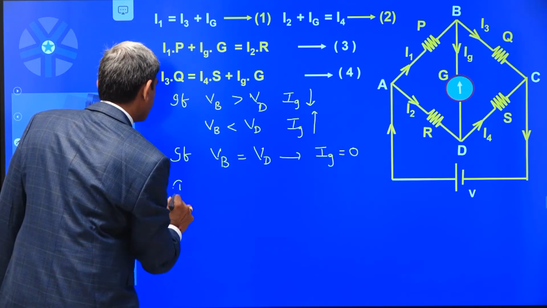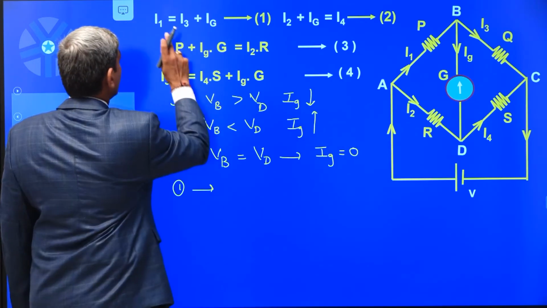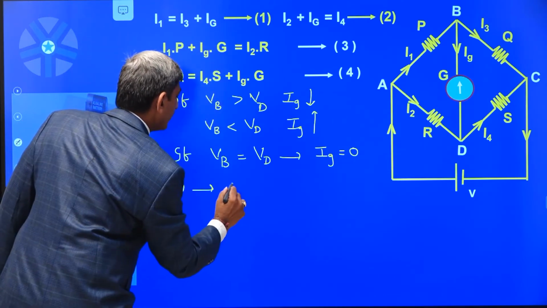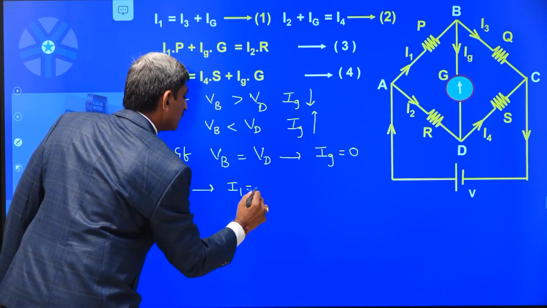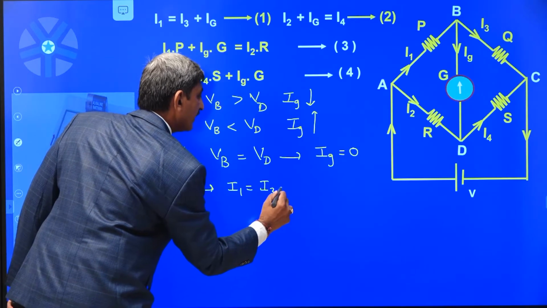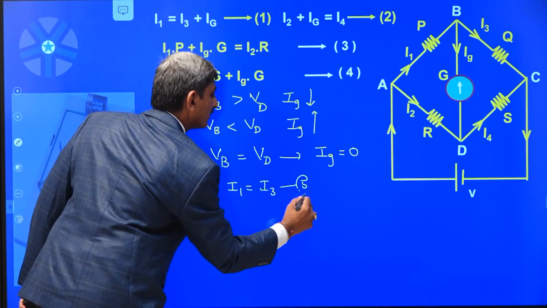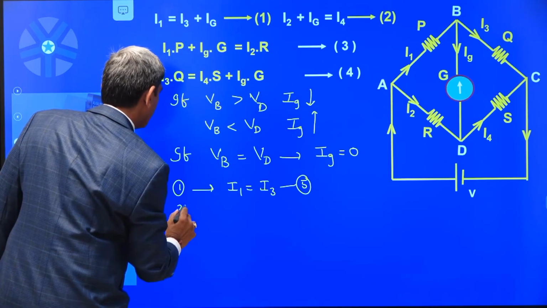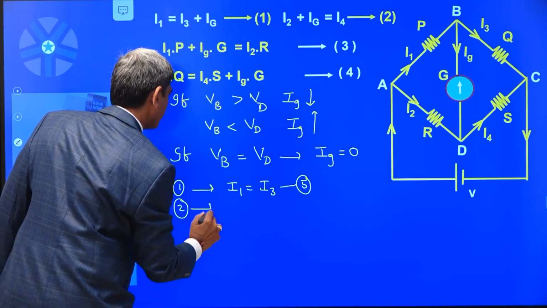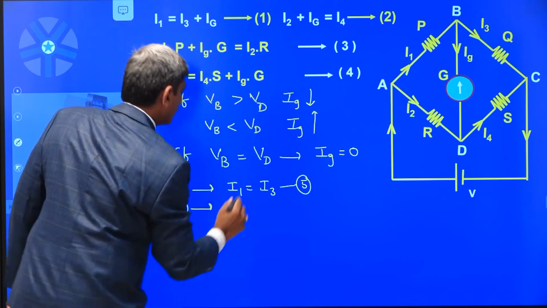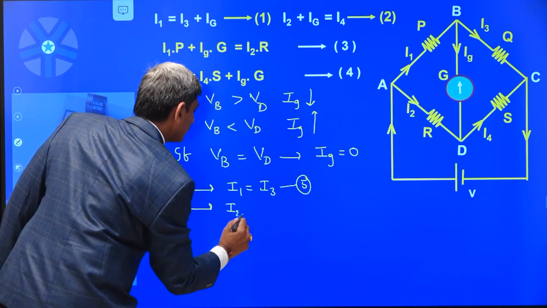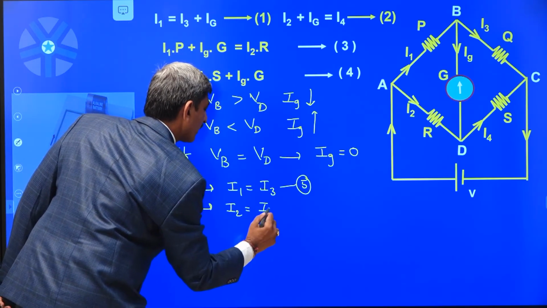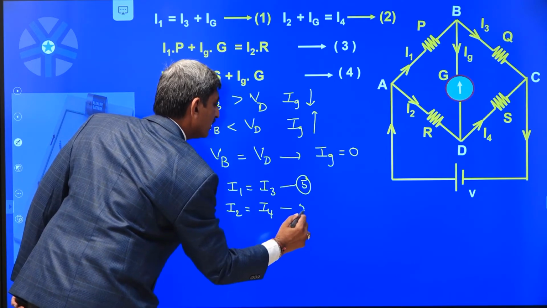Equation 1 becomes, by substituting Ig is equal to 0, I1 is equal to I3. Let it be equation number 5. By substituting Ig is equal to 0, equation 2 becomes I2 is equal to I4. This is equation number 6.